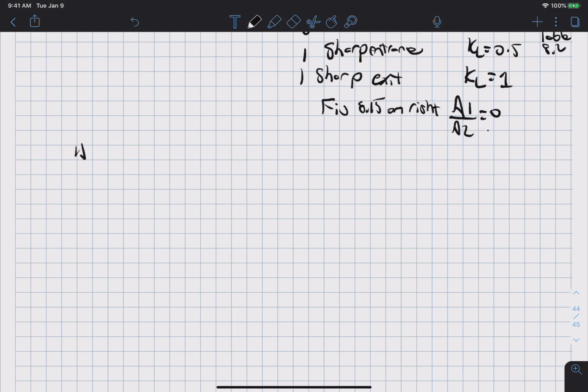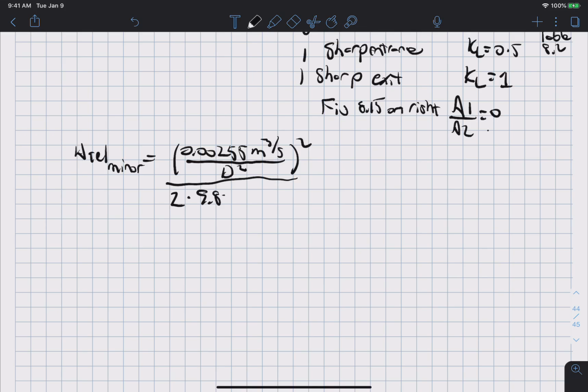So the minor head losses is equal to 0.00255 cubic meters per second over the diameter squared, that quantity squared, this is just U average squared, divided by 2g, so that's 2 times 9.807 meters per second squared, times the sum of all the loss coefficients, because again, they all have the same average velocity squared.